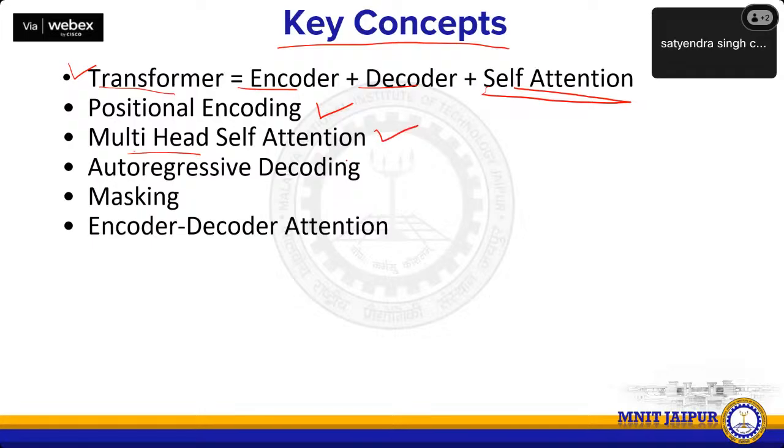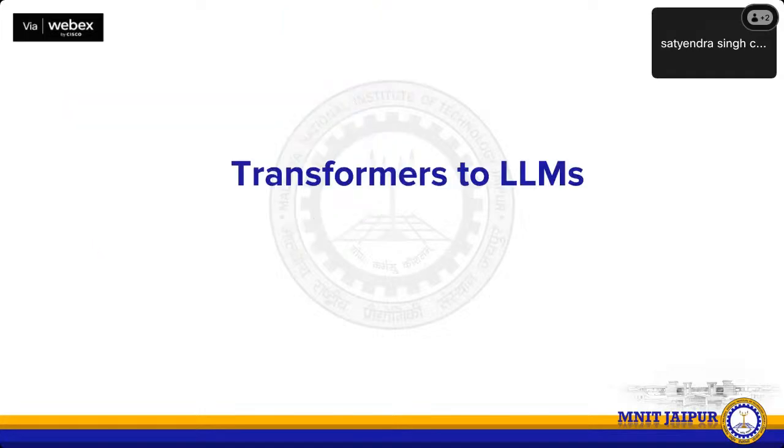Multi-head self attention, autoregressive decoding, so for decoding one token at a time, it should only focus on the previous tokens. We mask the self attention scope, and then encoder decoder attention. So these are the key concepts that we have studied, and from there it has moved from transformer to the LLM side.